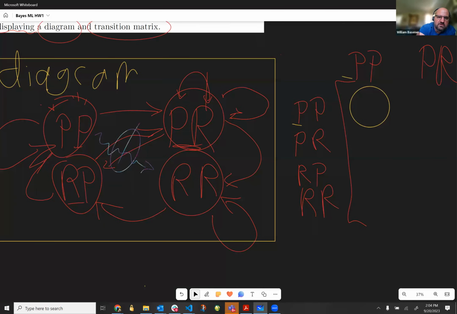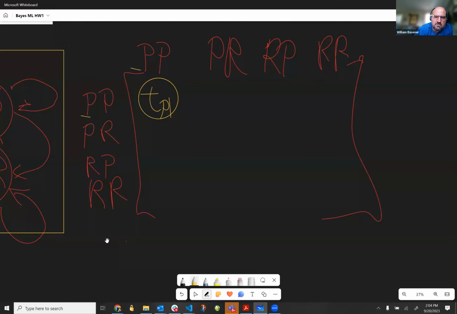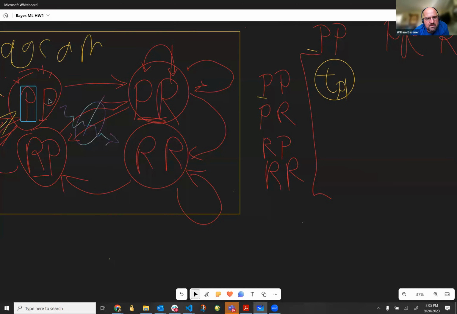Now we don't actually have data that we're looking at, so let's just call this TP. It really doesn't matter what you call it, right? The only ones that are worth calling out here that are special is that you can't go from pass to run, and you can't go from run to pass.